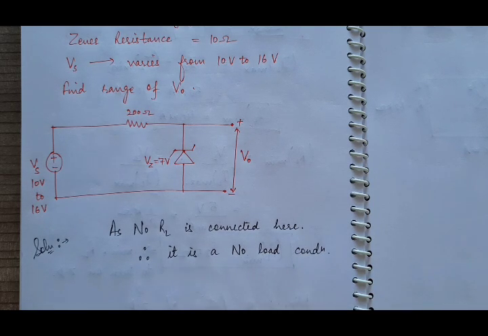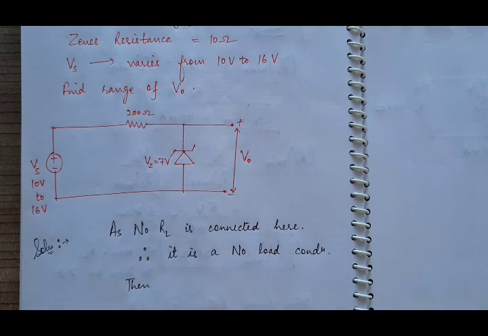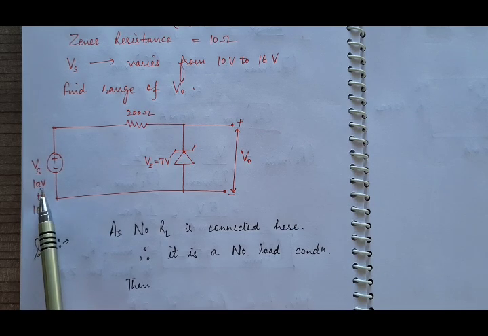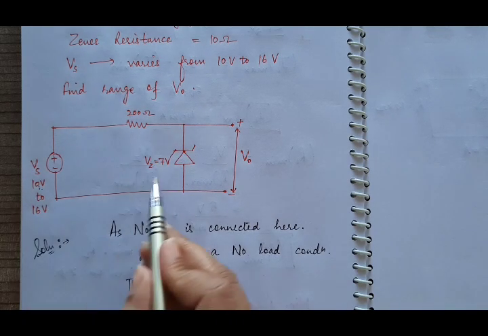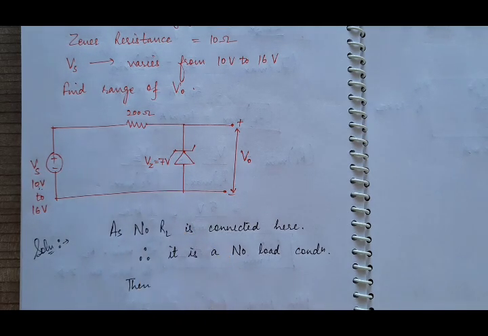And if this is the no load condition, then this minimum value of source voltage, it is 10 volts, which is greater than the Zener voltage. Therefore, Vi is always greater than Vz. So this Zener diode will always work in the breakdown region. Means it is always on.